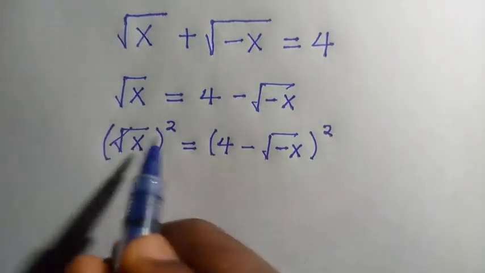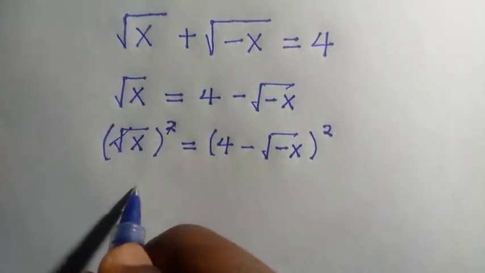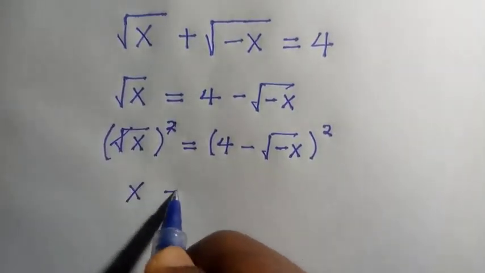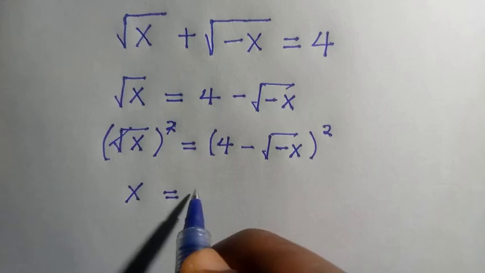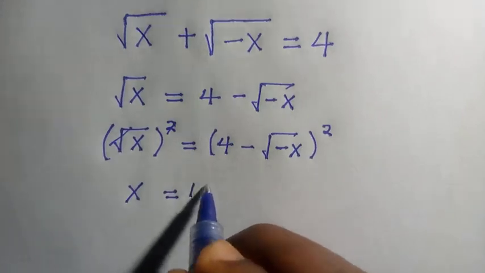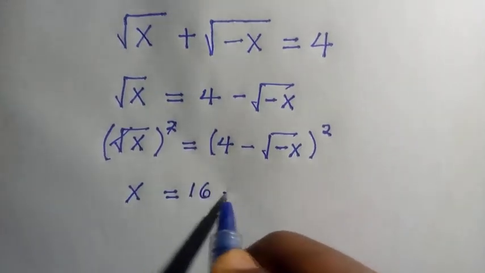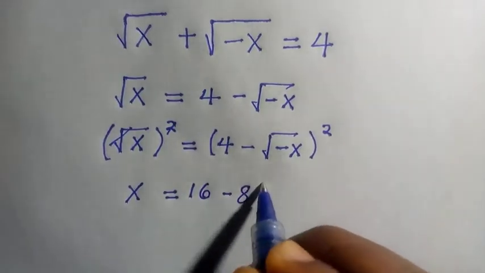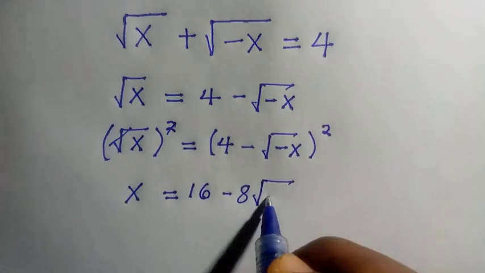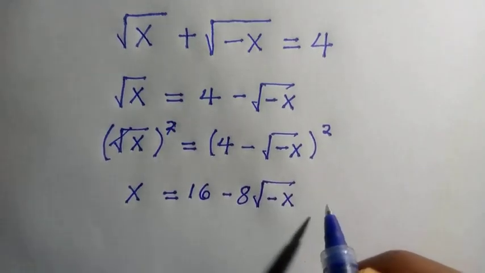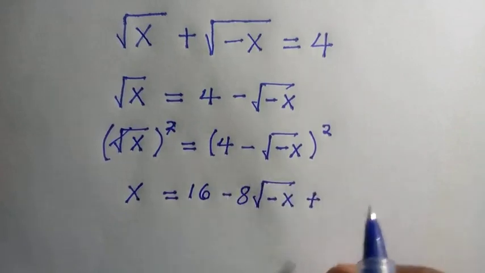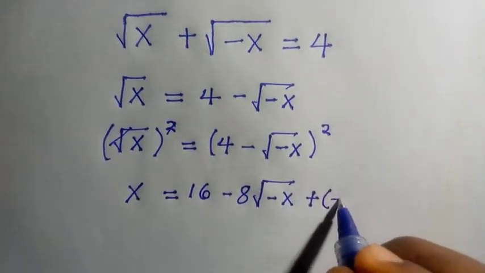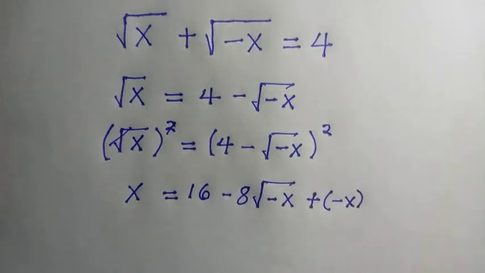So here this cancelled, and here remains x equals, when we try to expand this, we are going to have this as 16 minus 8 root minus x plus, so when this multiplies each other, then we have this as minus x.